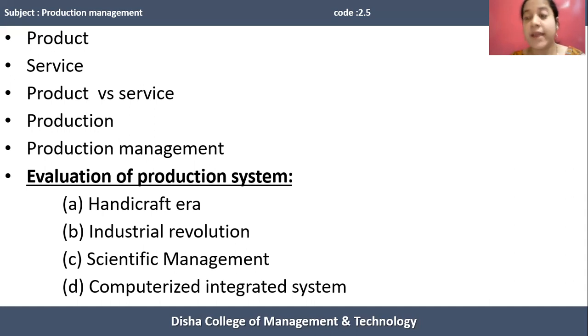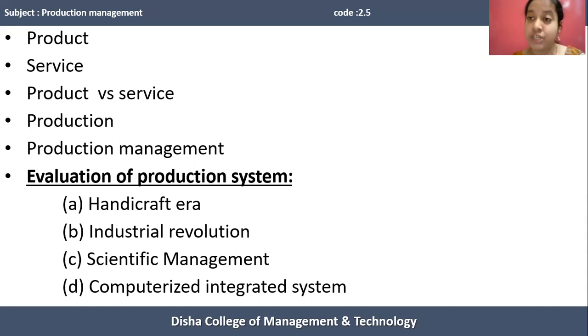Next is production management. Wherever the word management is written, that term involves a certain process. So before management there is the word production. Production management, we can say, is a process of making various decisions related to the aspects of producing a particular product.